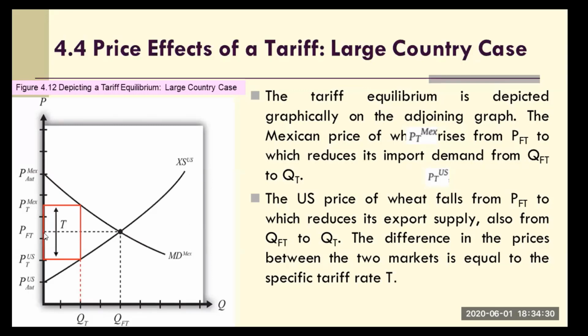As Mexico added a tariff, the price in Mexico just increases. Then the price of US exports of wheat also declines. This gives the bigger tariff, within the shaded area.